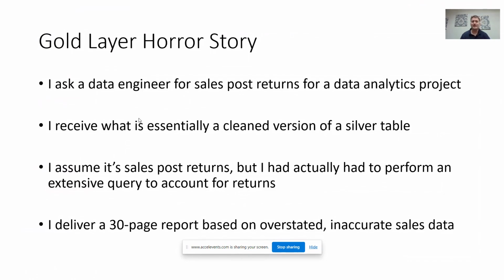This is why I tell people don't give silver layer data, which is essentially just taking the bronze layer and turning it into a big table or a star schema, to your end users. Or if you do, make sure you have a very, very long conversation with them explaining what each column in that table does.